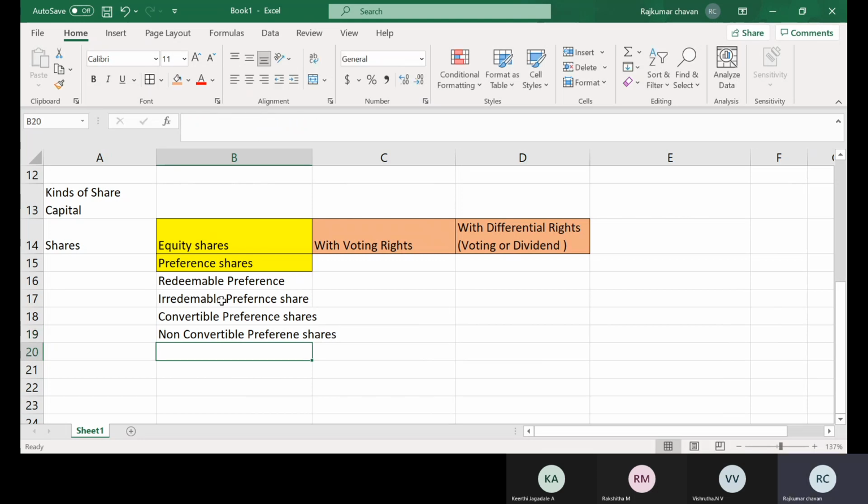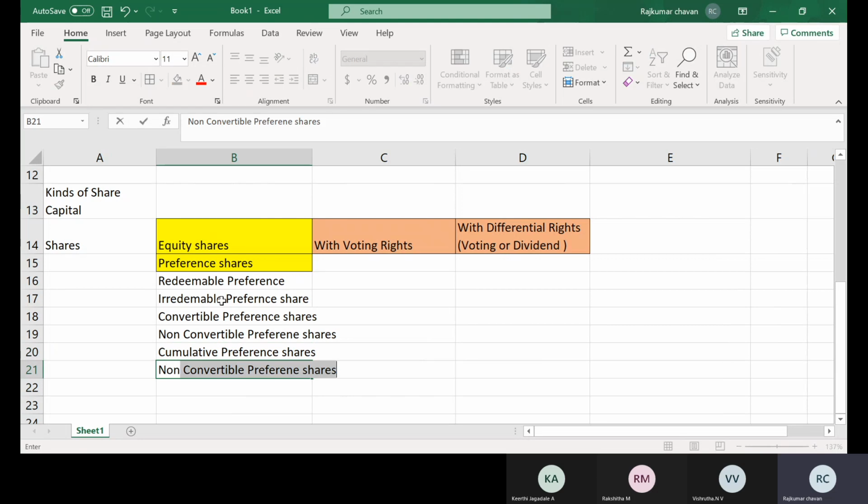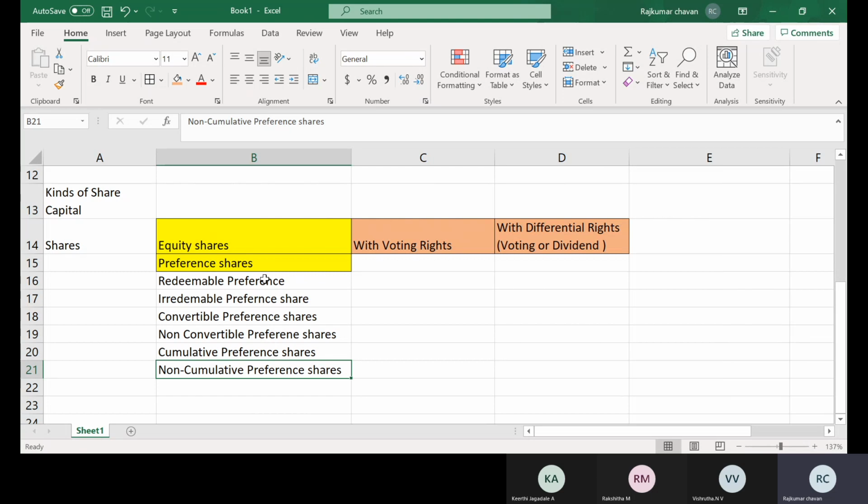Then we have cumulative preference shares, non-cumulative preference shares. Total how many so far? Six.